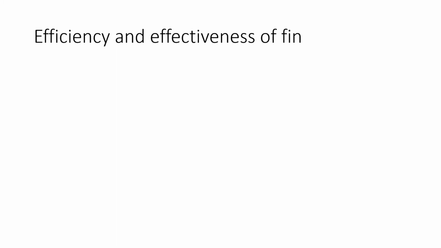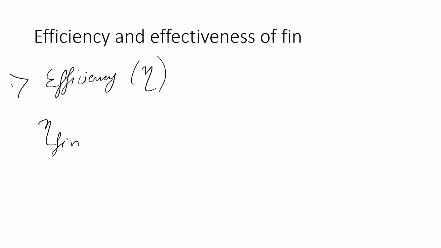Next topic is efficiency and effectiveness of fin. So we define efficiency of fin as the ratio of actual heat transferred by the fin to the maximum heat transferred by the fin if the entire fin is at the base temperature. First of all is the actual heat transfer, which we find using the formula which we have discussed before.